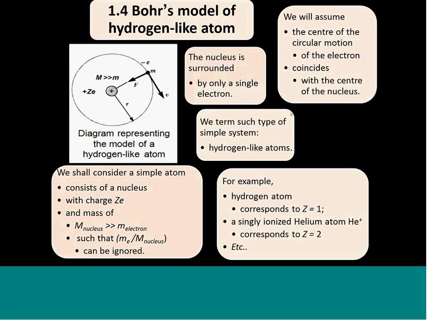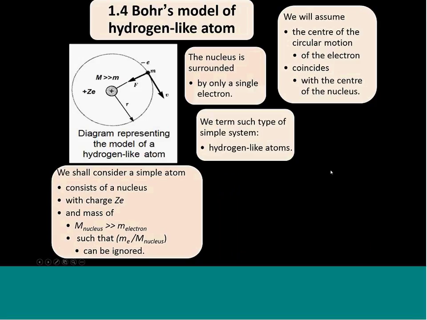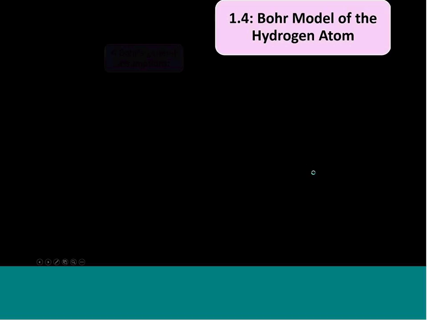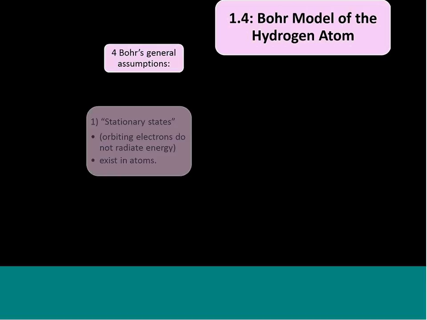Similarly, helium ion correspond to Z equal to 2, dan seterusnya. So there's four Bohr general assumptions.